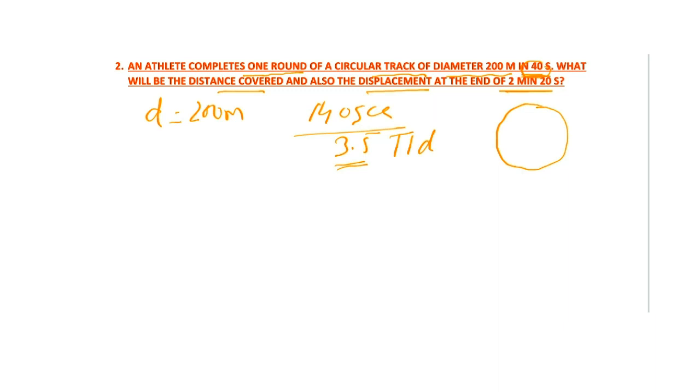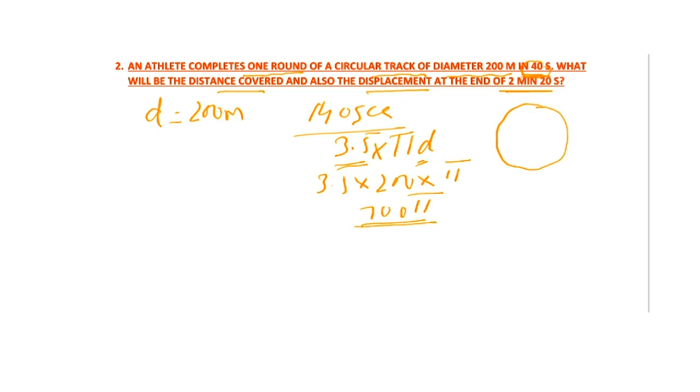So the total distance becomes 3.5 into pi d. The value of d is 200 meters. Then we have 3.5 into 200 into pi, which becomes 700 pi. So the distance covered is 700 pi.